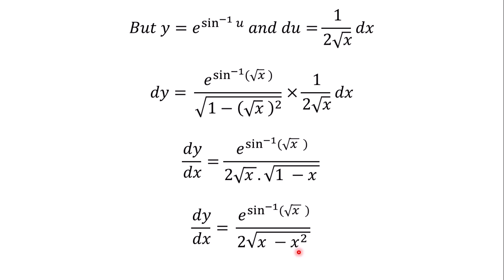To rationalize this means you have to take away the square root from the denominator position by multiplying by the square root in both numerator and what? The denominator. So let's rationalize the denominator.